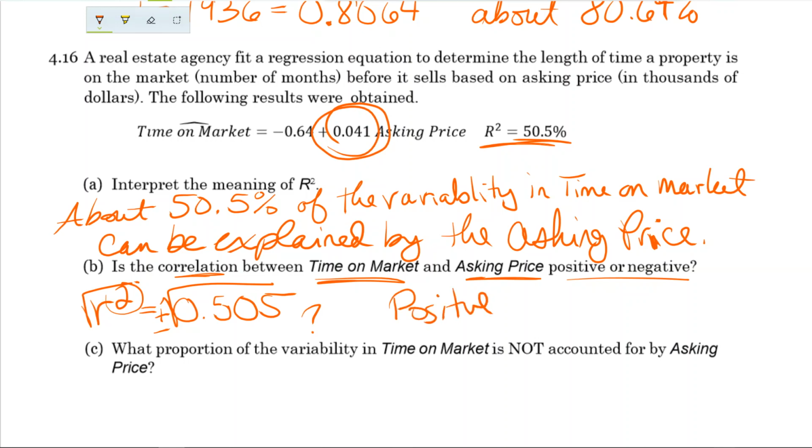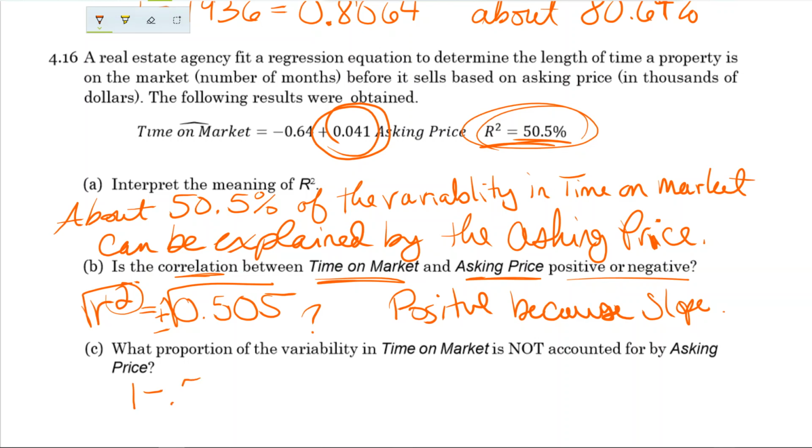They both have to be positive in direction. So I didn't even need to do that calculation. It's going to be positive because slope is, which makes sense. The higher my asking price, maybe the more time it spends on market, but not a very strong relationship, so be careful.